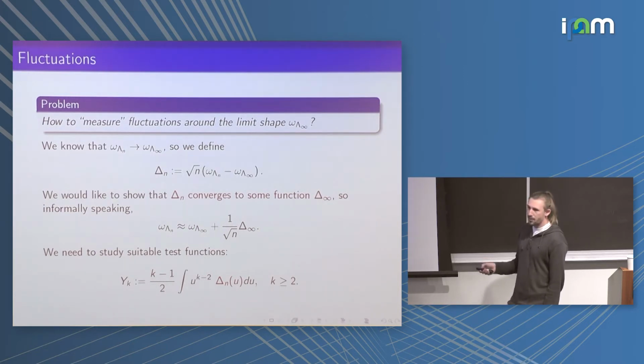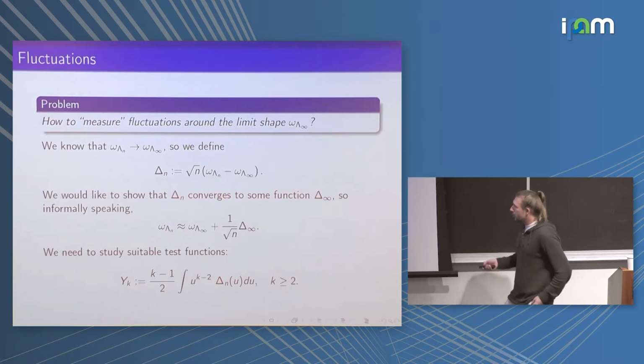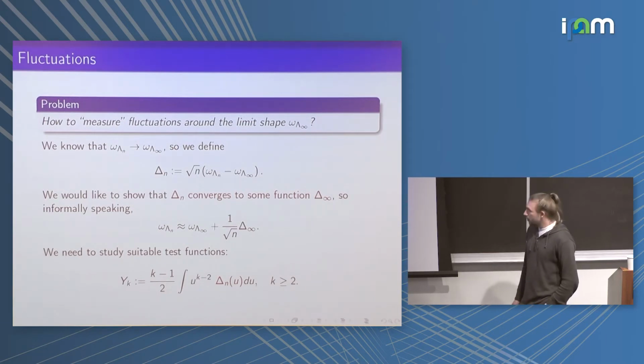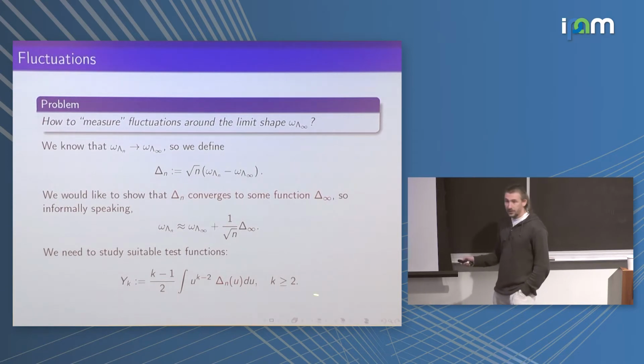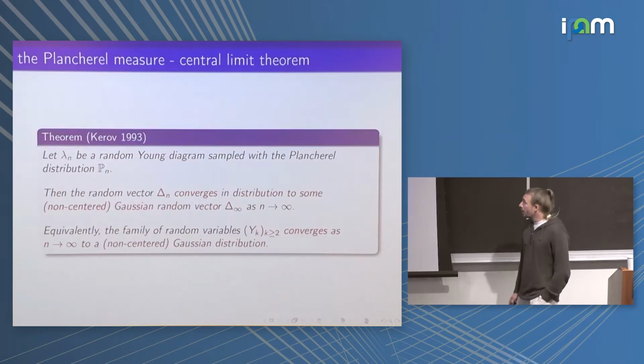So the first order approximation is this limit shape. And the second order approximation is some random Gaussian vector. So in order to do this, we need to study suitable test functions. So these are just moments with respect to this delta n measure.